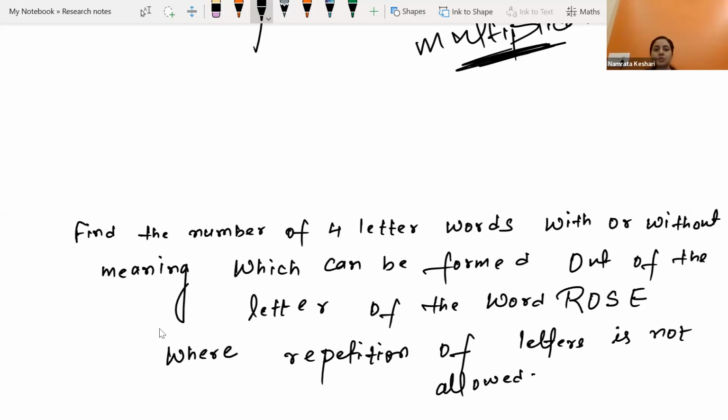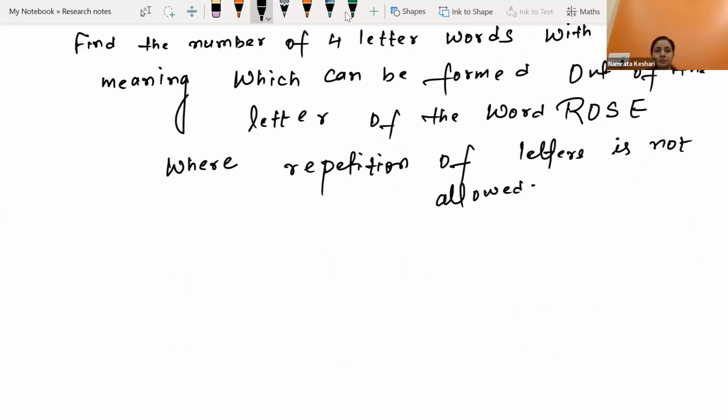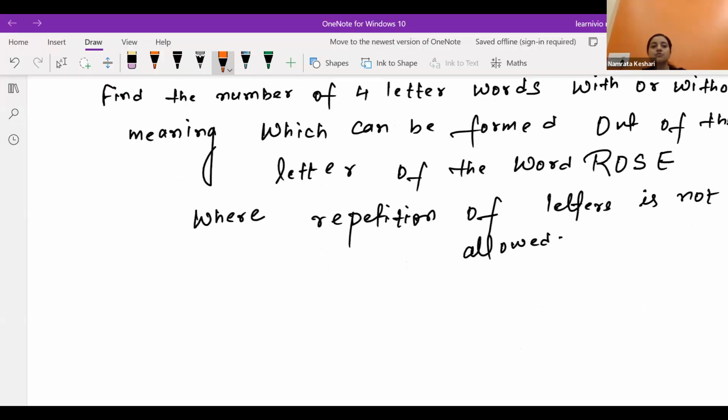Okay, let's do it. Here we are supposed to find the number of four-letter words. With or without meaning; meaning doesn't matter. This is not a question from English where we have to create a word that must have meaning.